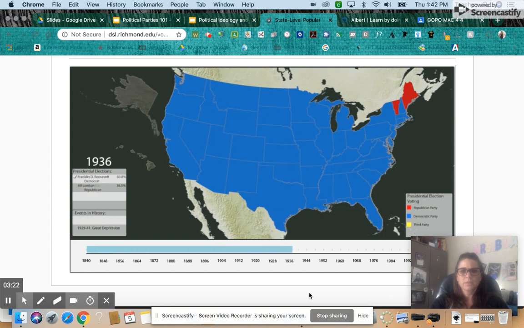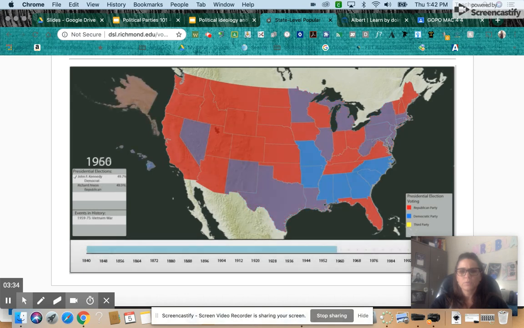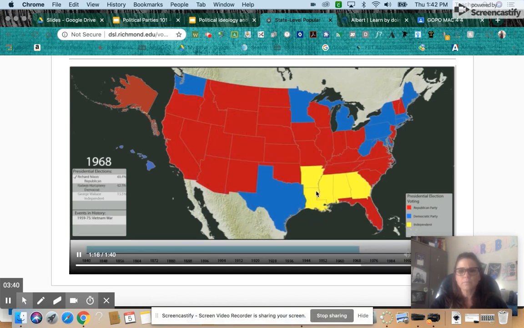Switch back. The 30s, that's FDR, right? This was all FDR before. And then after World War II, remember we're having the communist scare, so context matters. What's going on at the time matters.